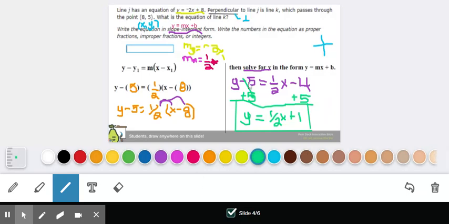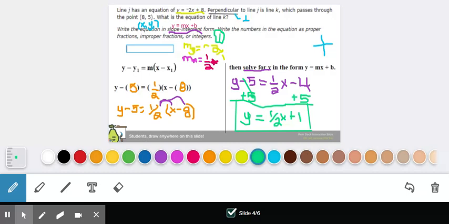So just a reminder, our first step, I'll go ahead and do some numbers here for you. Our first step was we found our original slope, our given slope.